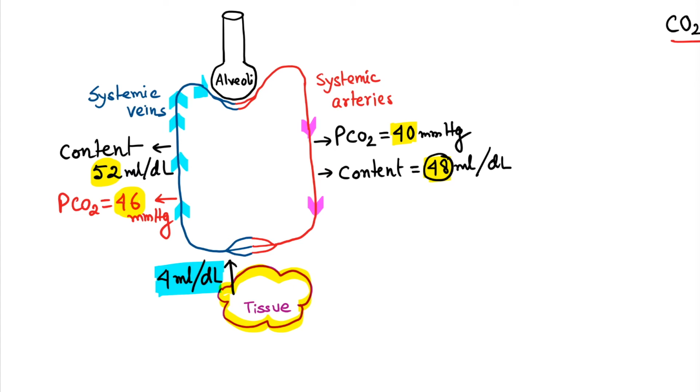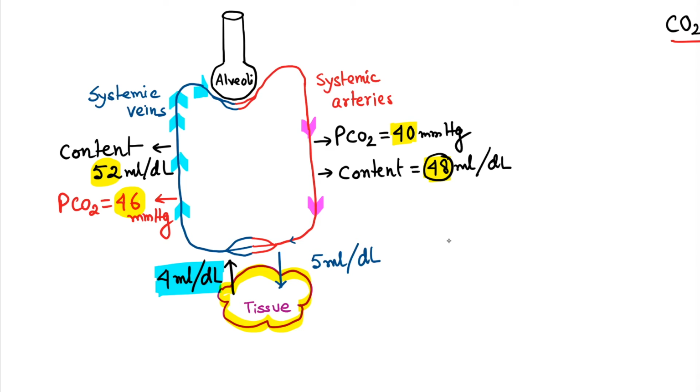We are discussing carbon dioxide here, but parallelly, if you want to remember what happens to oxygen, we know the amount of oxygen delivered from the arterial blood to the tissue is 5 ml from 100 ml of blood.